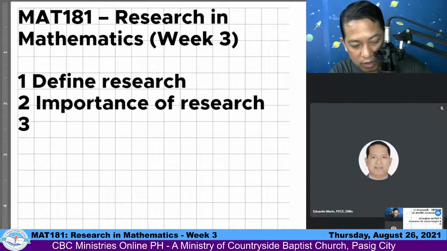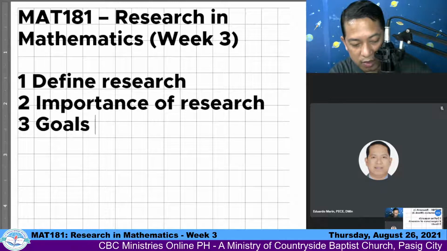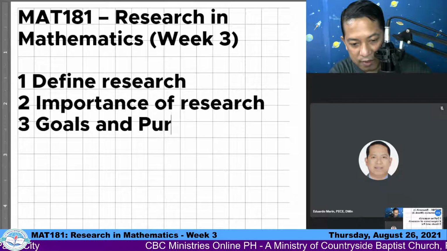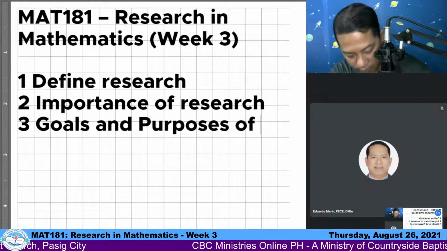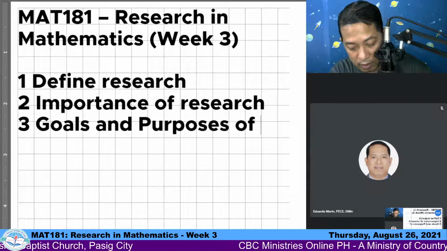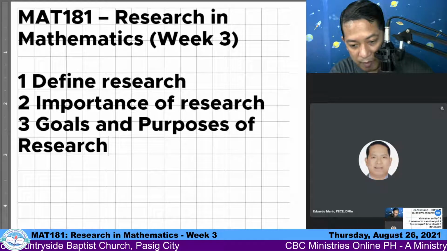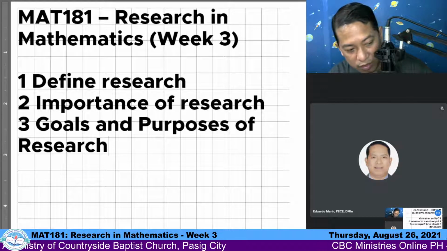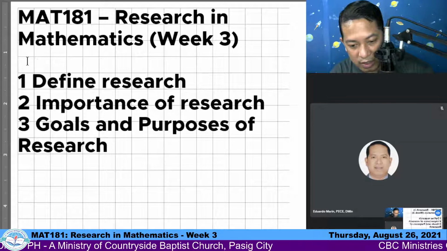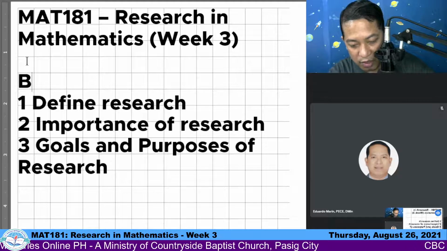And then we could also differentiate the goals and purposes of research. Those are our fundamental aspects. So we are into basic concepts. This is under the section basic concepts.